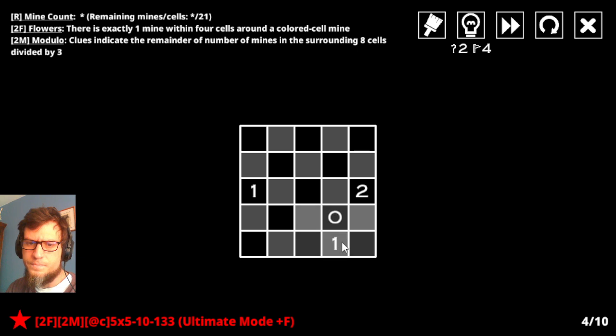Flowers modulo. This has a buddy. Alright. Oh, if this is a mine, then that would have to be as well. Oh, but then it'd just be all 4 of them. Okay. But it can't be all 4 of them because this makes it... So this is gone.